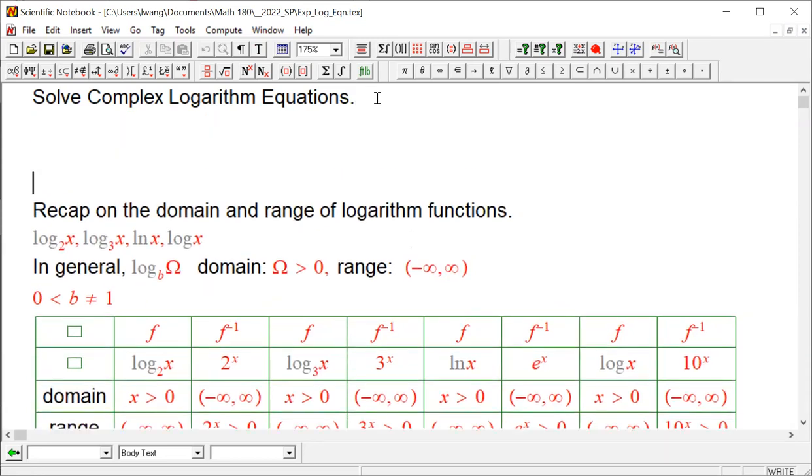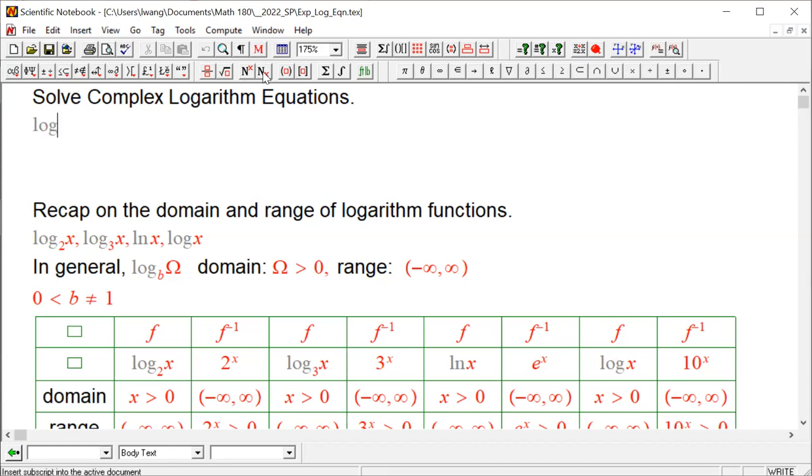Now, before we solve the complex equations, there are a couple of things we'd like to review. One of them is the product rule, quotient rule, and the power rule of logarithms. These are the rules that we have covered before.